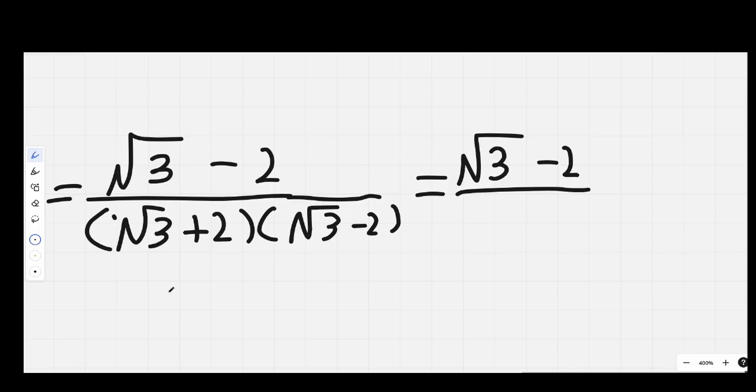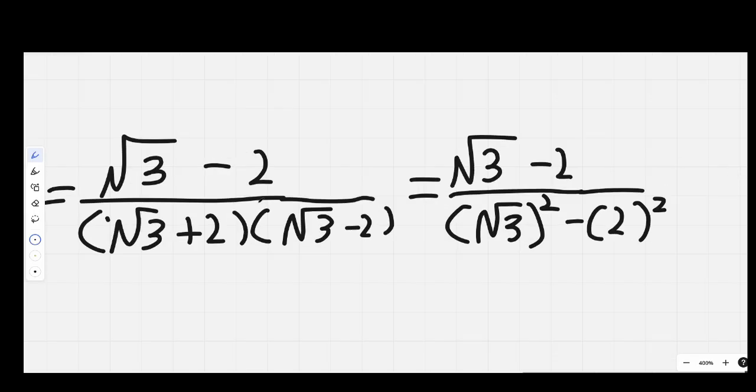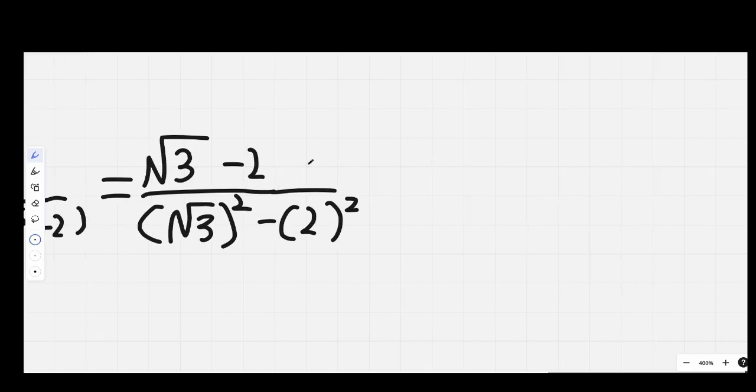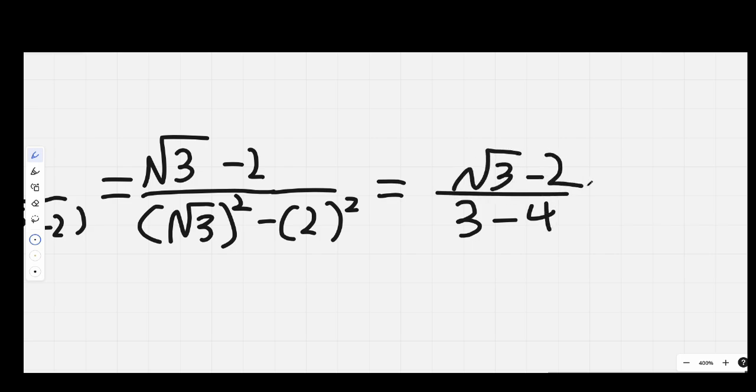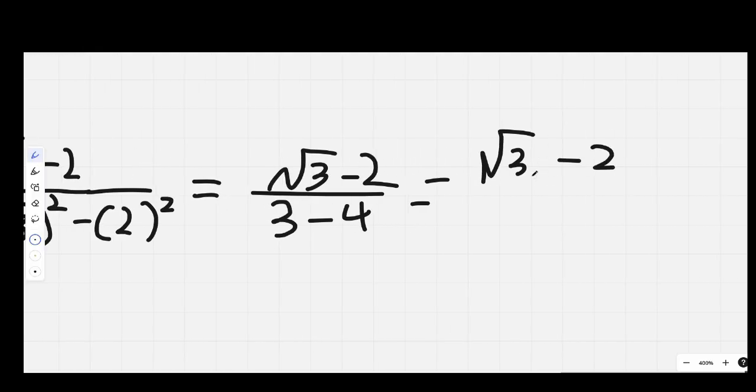This denominator is equal to root 3 squared minus 2 squared. So then that is just equal to 3 minus 4, and 3 minus 4 is equal to minus 1. Therefore, you get root 3 minus 2 divided by negative 1.